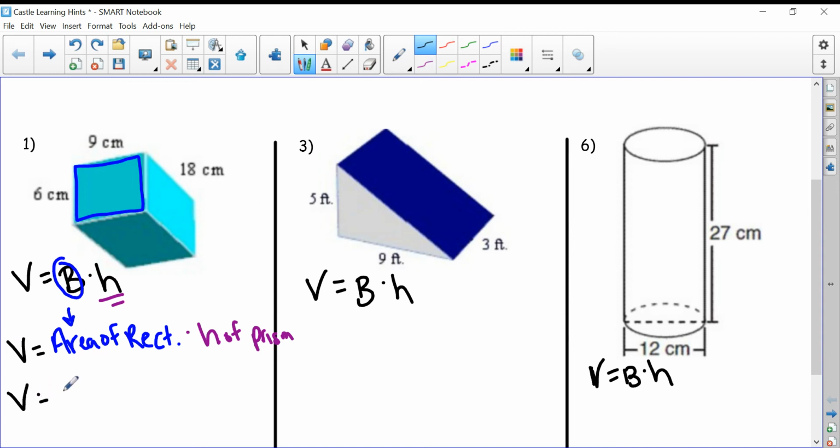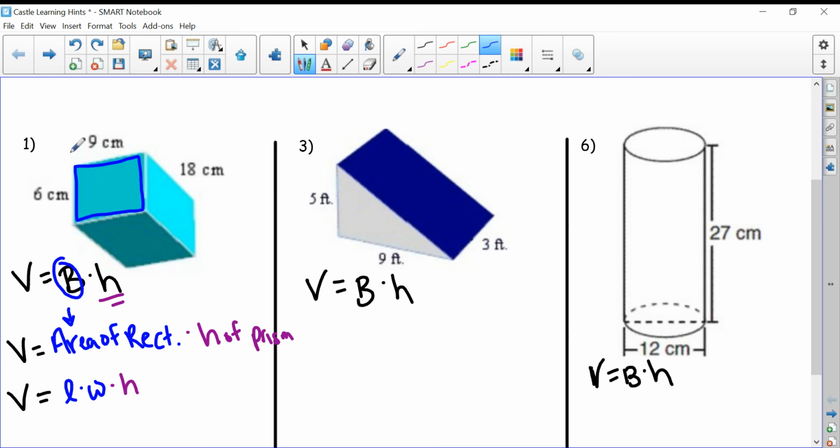So volume equals, now I know the area of a rectangle is length times width, and I need to multiply that by the height of the prism. And now I can just simply fill in the numbers based off of the diagram here.